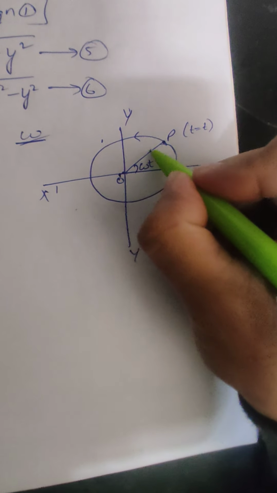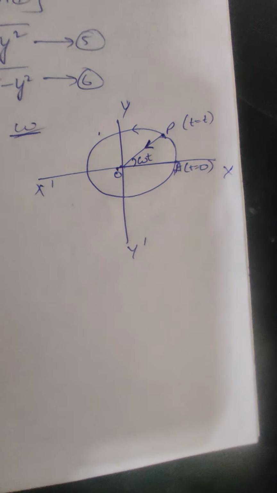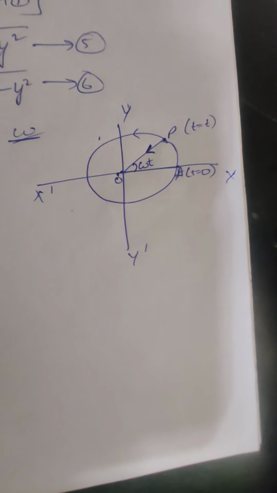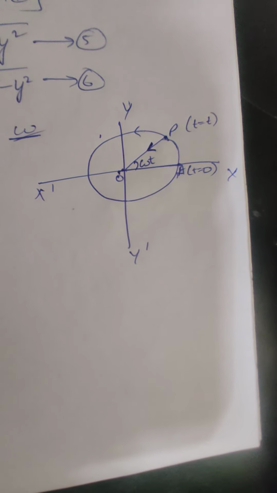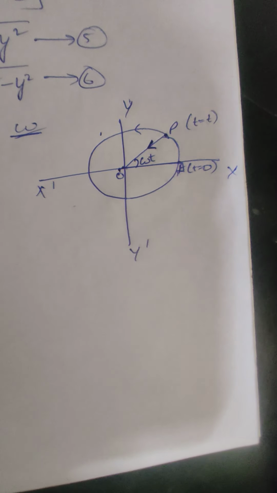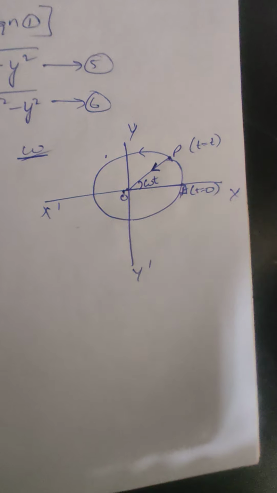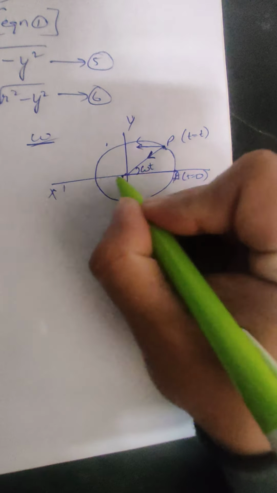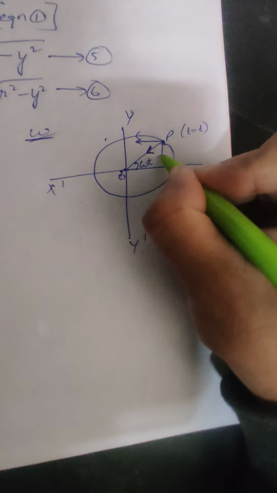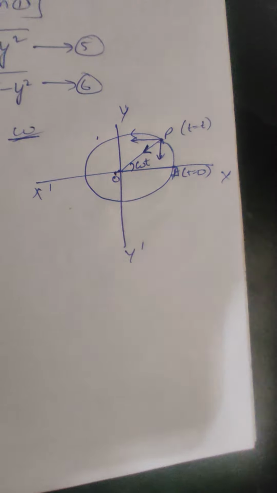But this time, since it is centripetal acceleration, which is inward, the arrow will point inward at this side. So it can be resolved into two components, along the x-axis and the y-axis. Since it is inward, this will be along the y-axis.